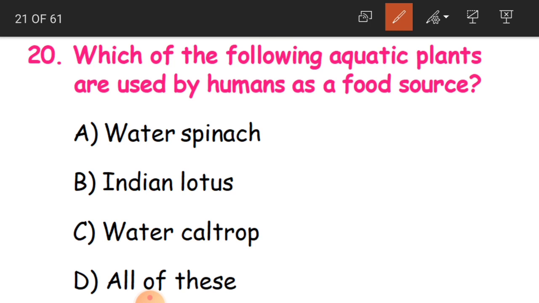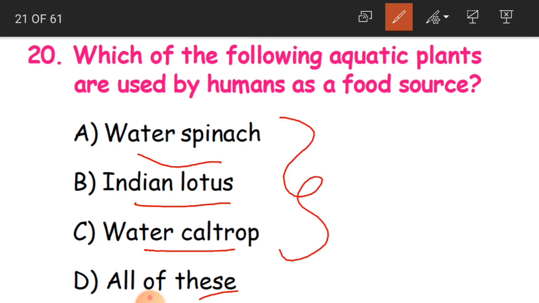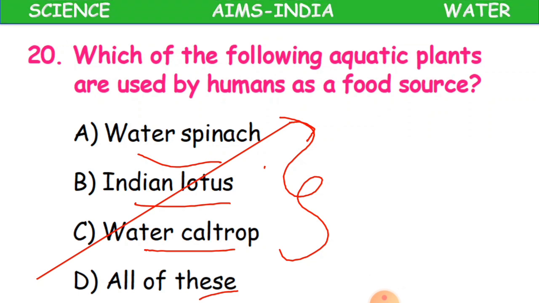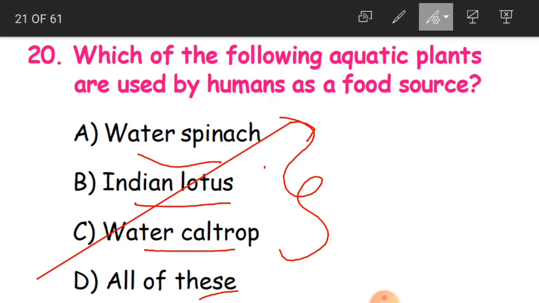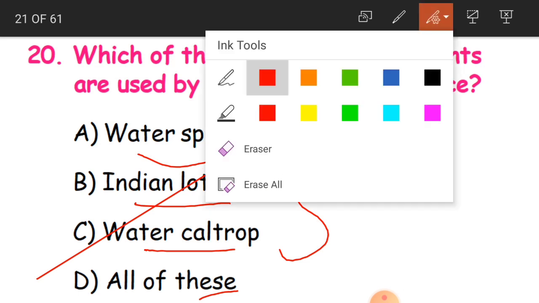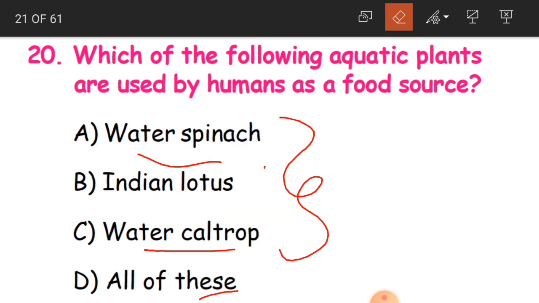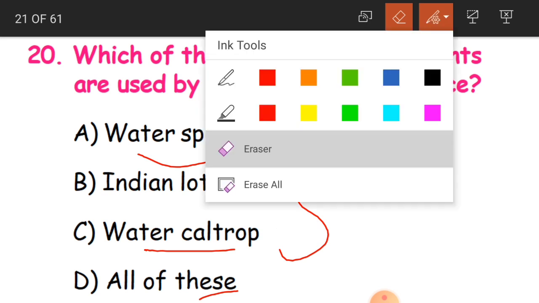Water spinach, Indian lotus, water caltrop, or all of these. We'll take all three as our food source, that is water spinach, Indian lotus and water caltrop. So the correct option is D, all of these.